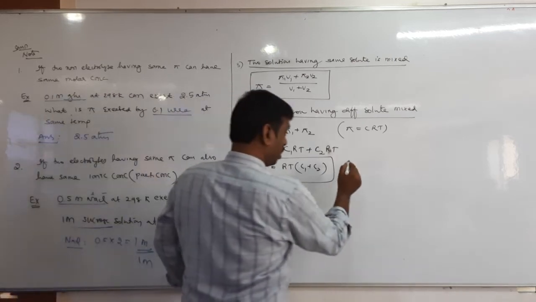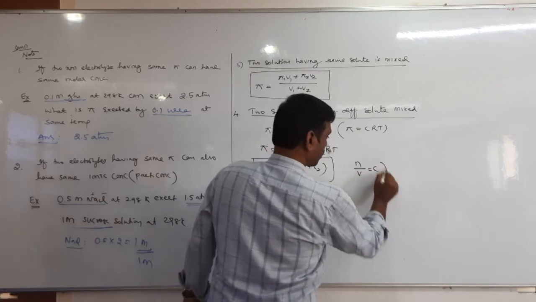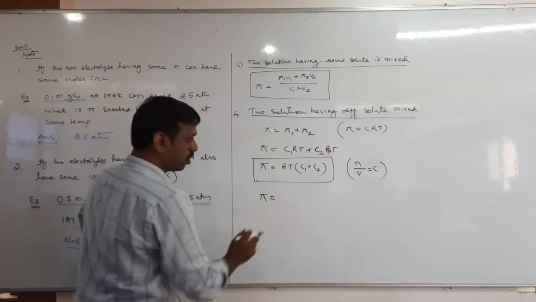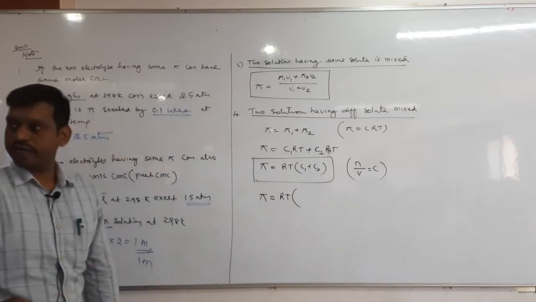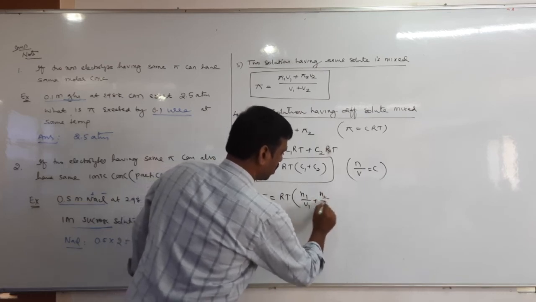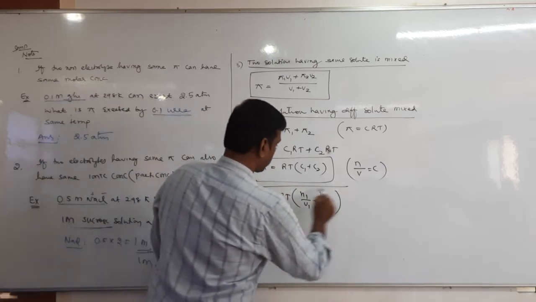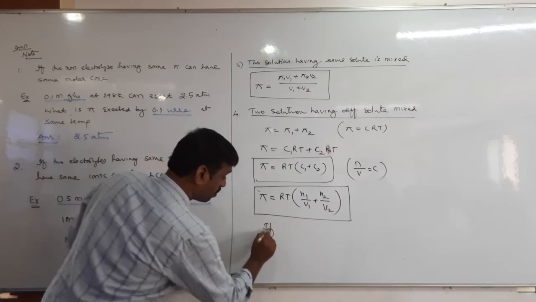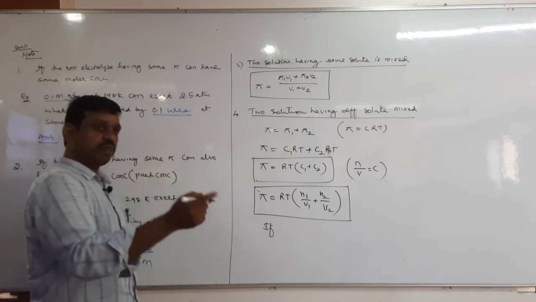Suppose the number of moles is given. We also know that n by V equals C. So change the formula: pi equals RT, let it be common, and in place of C1 we can write N1 by V1 plus N2 by V2. If they give the number of moles, use this formula. Sometimes they will give percentages, like 5%, 2%, 3%, for two solutions.